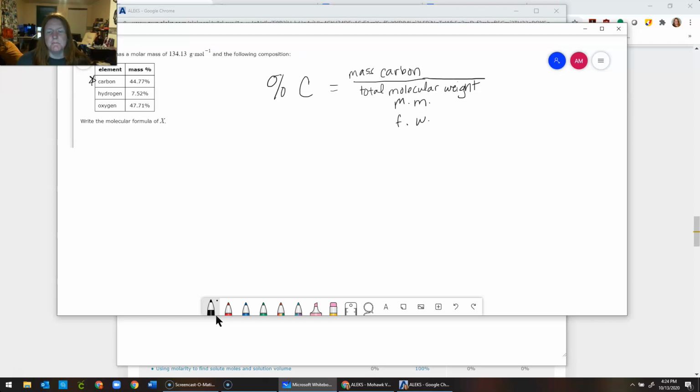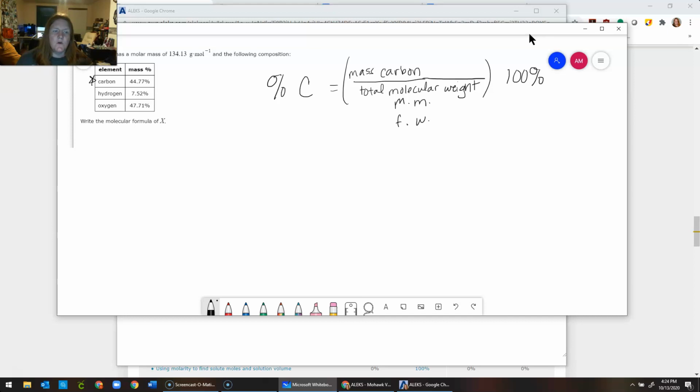All those mean the same thing. It's the total mass of the compound based on adding each atom in it together. And then because it's a percentage, that fraction has to be multiplied by 100%. So the general rule that I give you is that this is part divided by the whole.